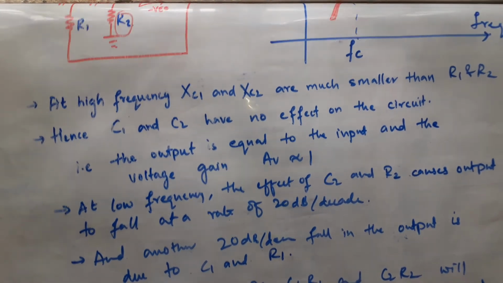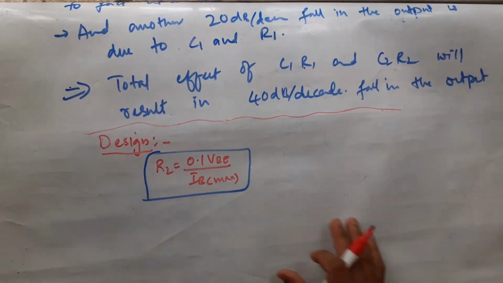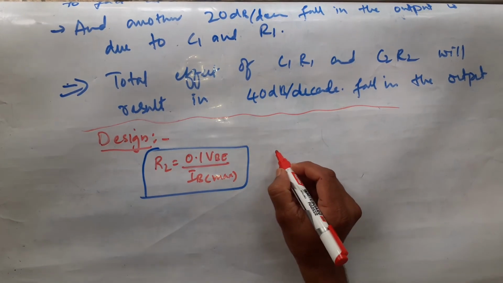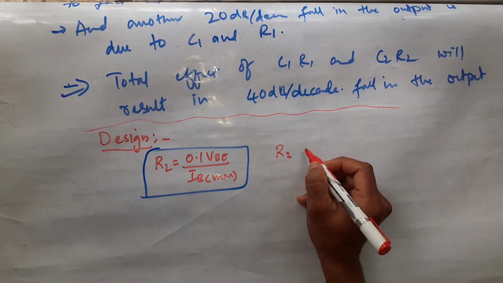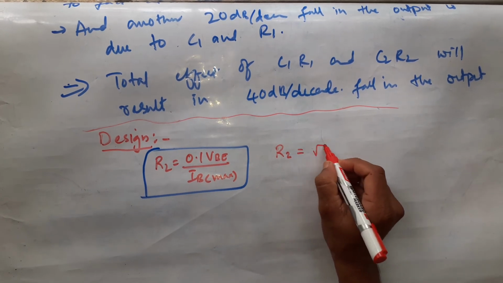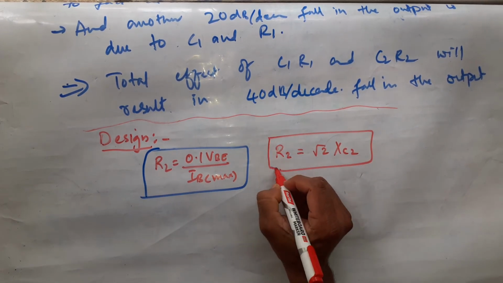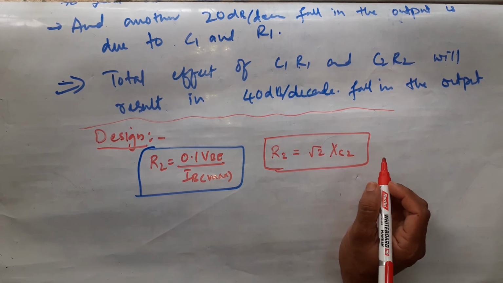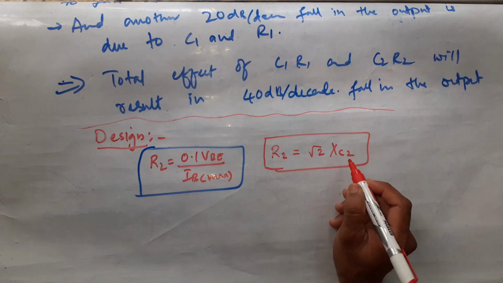R2, then we have R1 and R3, right? R2 will be root 2 times XC2. You require this when you will be finding C2. In place of C2, you will be using for R2 root 2 into XC2.